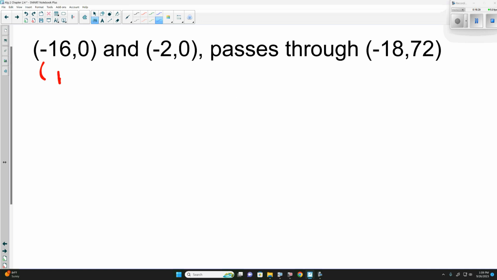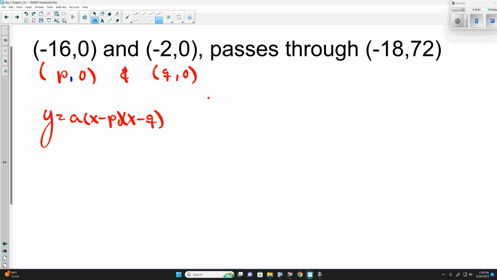And an x-intercept comes in the form of p comma 0 and q comma 0. What's our value of p and q?